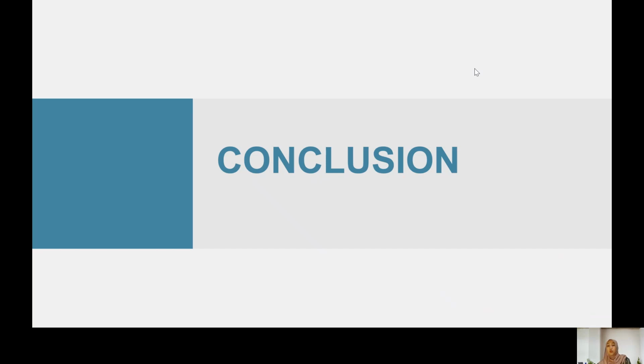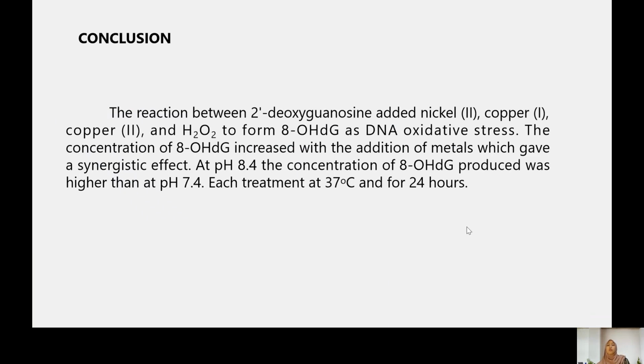Okay, next is the conclusion. The conclusions of my research are: the reaction between 2-deoxyguanosine added with nickel, copper 1 and copper 2, and hydrogen peroxide forms 8-OHdG as DNA oxidative stress.